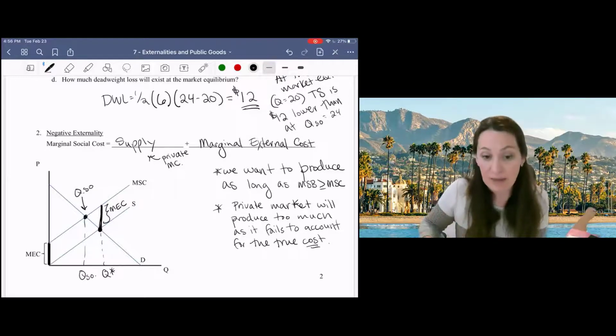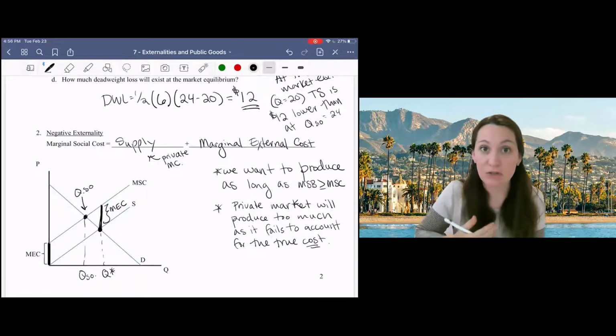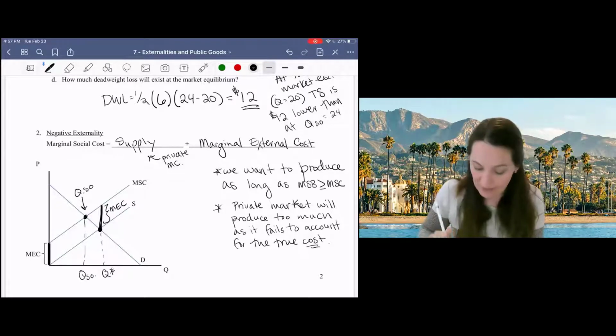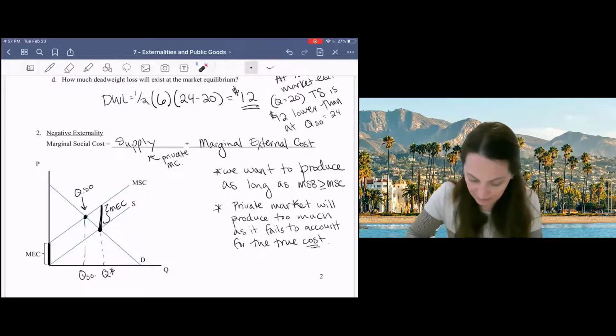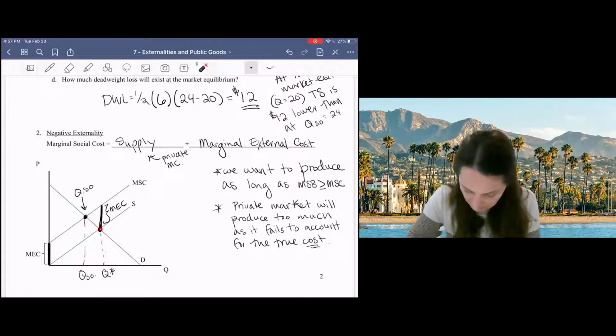Lastly, we may want to describe the difference in total surplus between the market equilibrium and the socially optimal point. Here, we can see at the market equilibrium, the cost of the product to society exceeds the benefit.